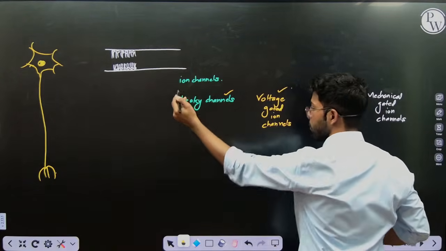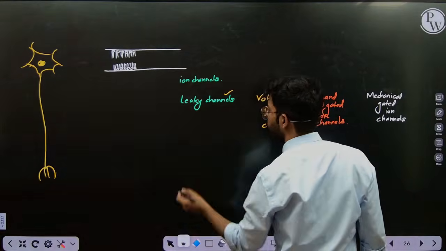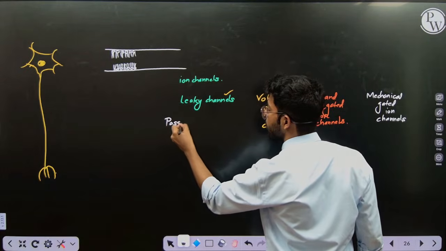In leaky channels, these are passive transport.